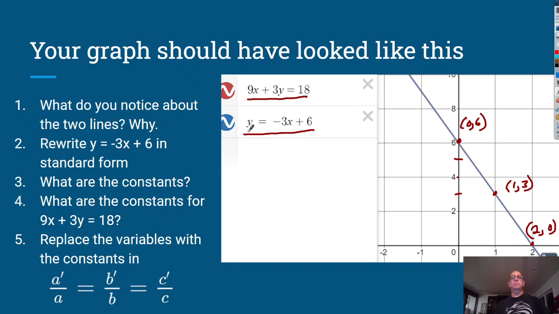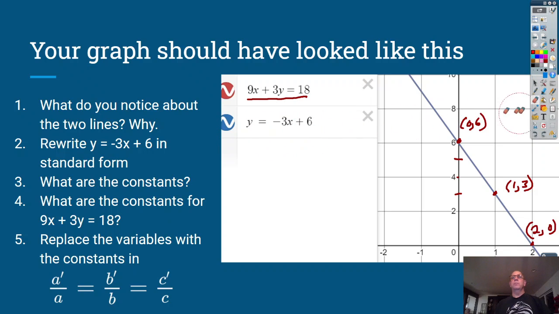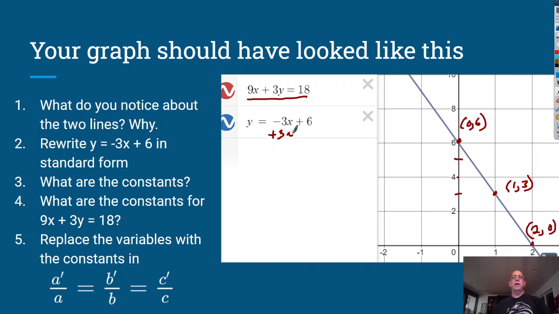So let's put this one into standard form and see how the same they are. If I add 3x to both sides, then I have 3x plus y equals 6.